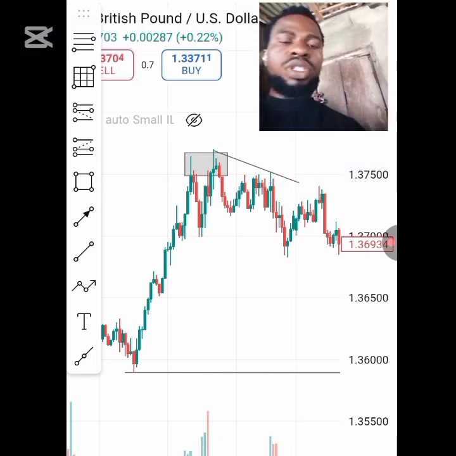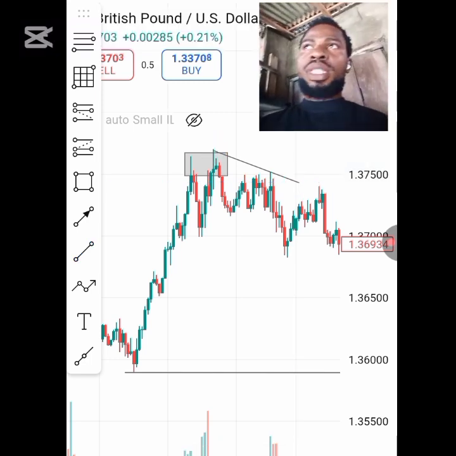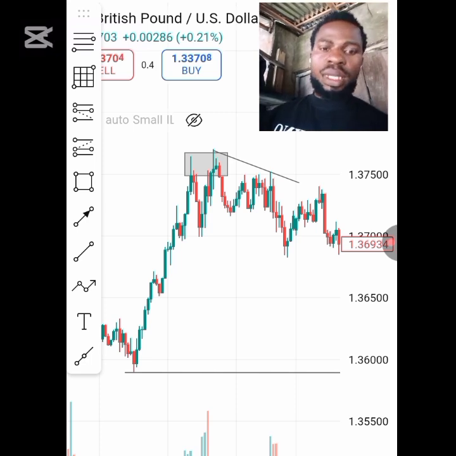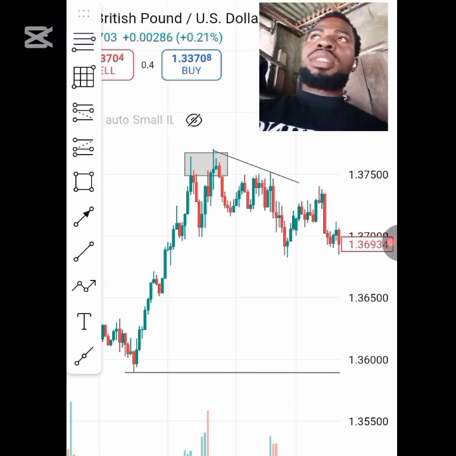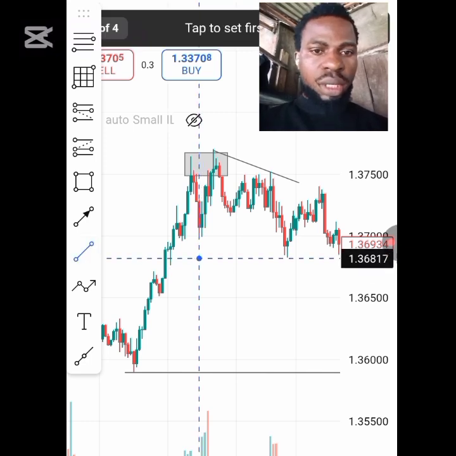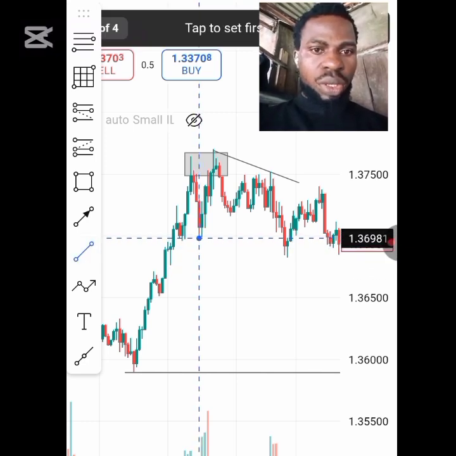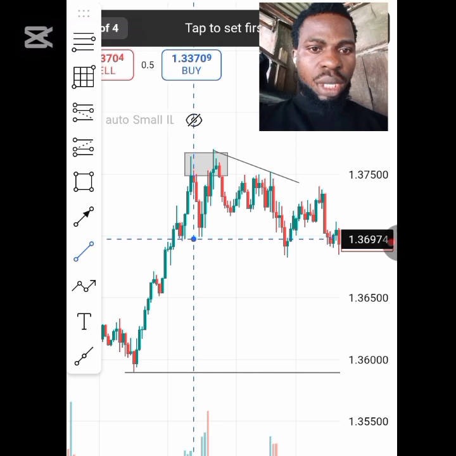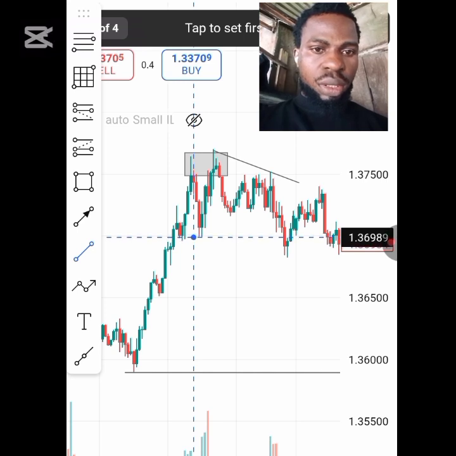Then you confirm that it's now moving downtrend. Understand? But sometimes the downtrend might be for a short while. So what you need to know is that this is the last low for the week. So you mark out this last low.